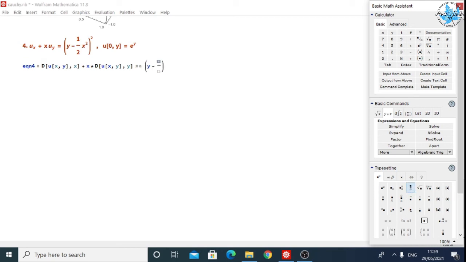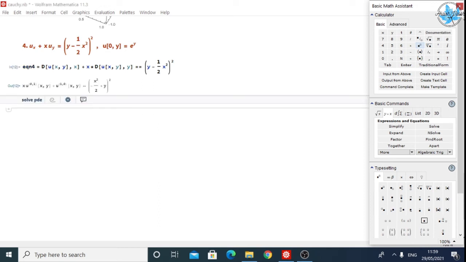So use this palette section, 1 by 2, x square, then it's a whole square, then shift plus enter, then see, this will be your equation. Okay, must remember, for this use this palette section, otherwise maybe there will be some error.